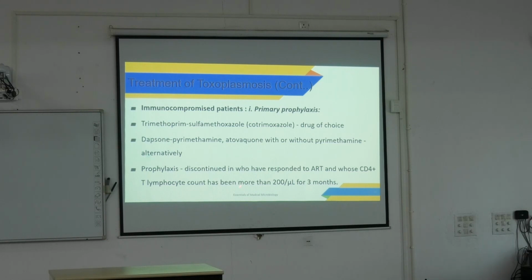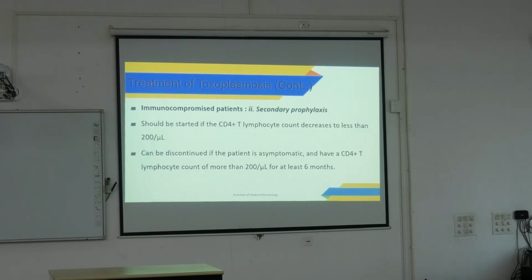Prophylaxis is discontinued in those who have responded to antiretroviral therapy and whose CD4 count is more than 200. Secondary prophylaxis should be started if CD4 count decreases to less than 200, and can be stopped if the patient is asymptomatic with a CD4 count more than 200 for the last 6 months.